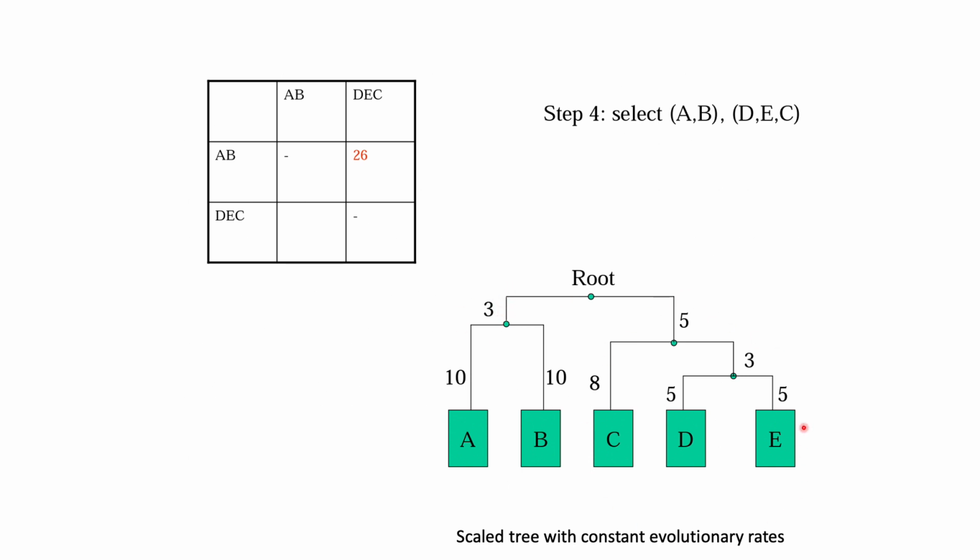So in the other cluster, we already have 5 plus 3, which adds up to 8. And then to finally add up to 13, this value would be 5. So this would be your final scaled phylogenetic tree. That is, the distance indicates the evolutionary rate over here.